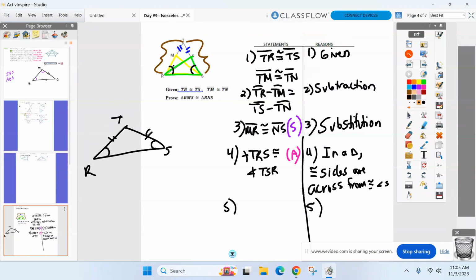Gabby, what do you say? RS. And guys, that's why I love you guys highlighting. Because maybe you'll notice when you highlight, whoa! 2 colors are on one side there. 2 colors, one side. Reflexive, yep. And that gives me another pair of sides.